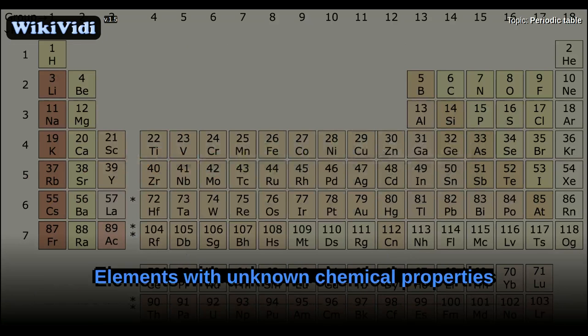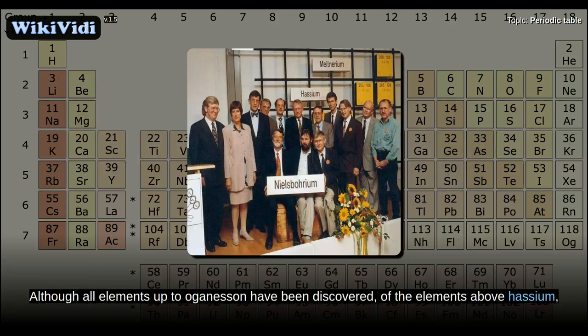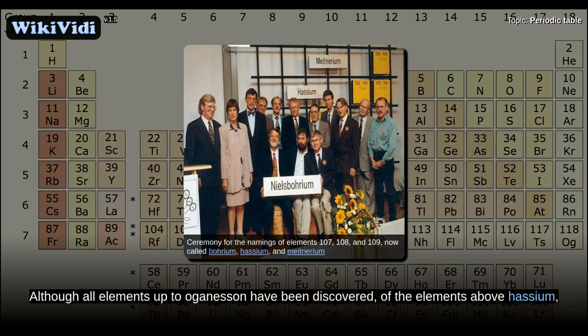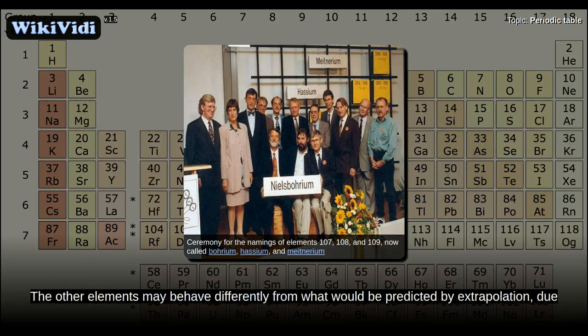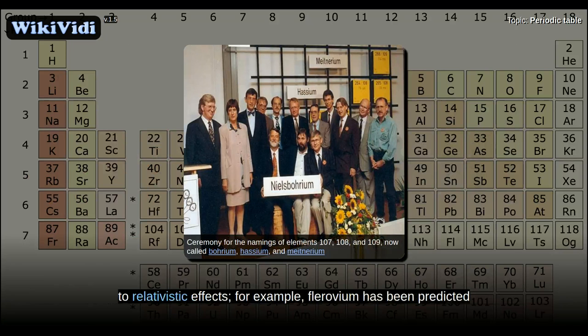Elements with unknown chemical properties. Although all elements up to oganesson have been discovered, of the elements above hassium, only copernicium and flerovium have known chemical properties. The other elements may behave differently from what would be predicted by extrapolation, due to relativistic effects.